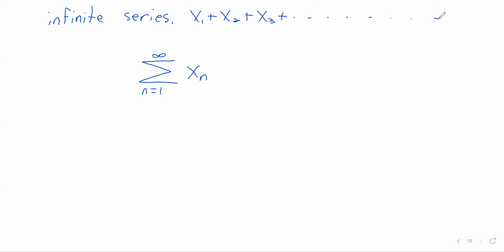And the way we define this, well, everything else in calculus, basically, we've defined in terms of limits. I mean, this is extremely similar to something we've done before. It's extremely similar to improper integrals, where we want to go from a finite interval to an infinite interval.